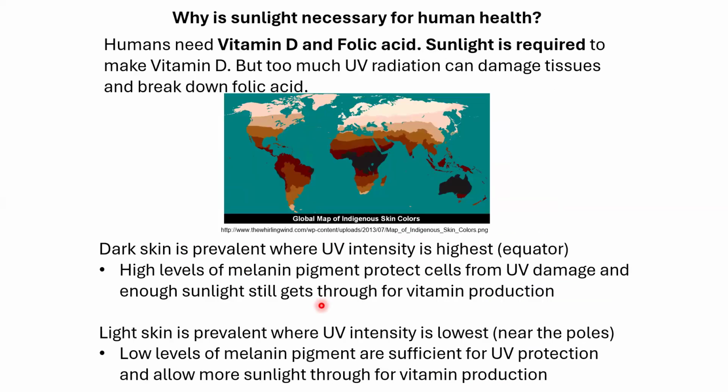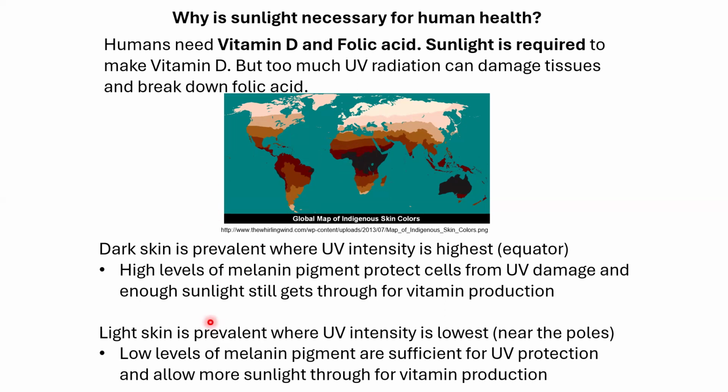With dark skin, we have it more prevalent in areas closer to the equator where UV damage can hurt you more, with more sunlight, but still gets through for enough vitamin production.